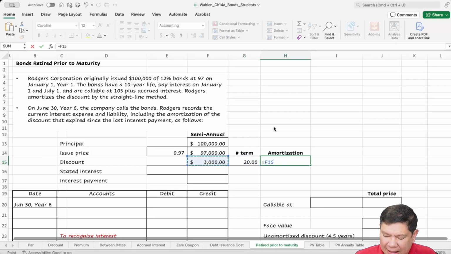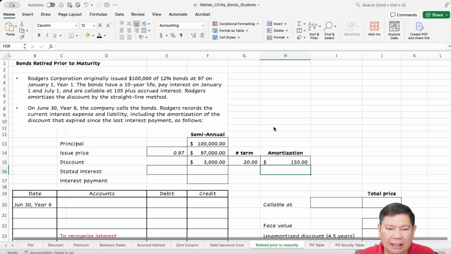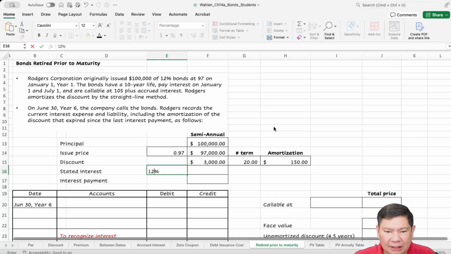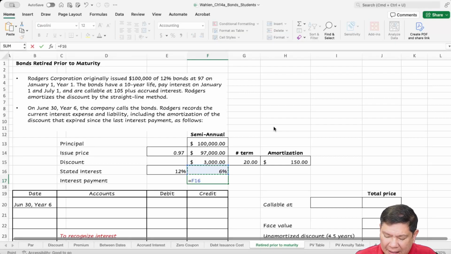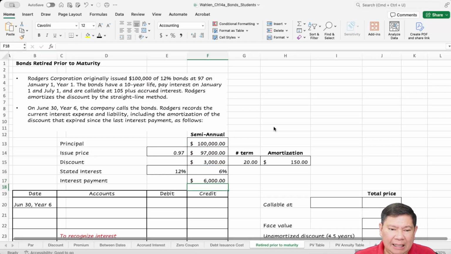So the amortization of the discount using straight line is 3,000 divided by 20, or $150. The coupon rate, or stated interest rate, is 12%. That means we have to divide by 2, 6% every 6 months. And that also means 6% of $100,000 is the interest payment.